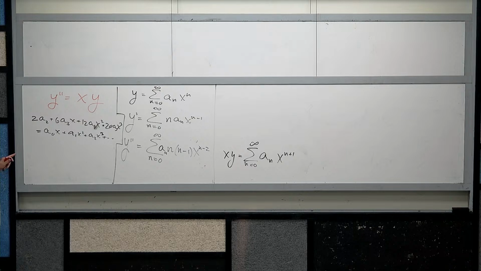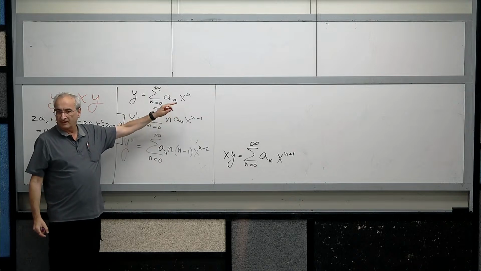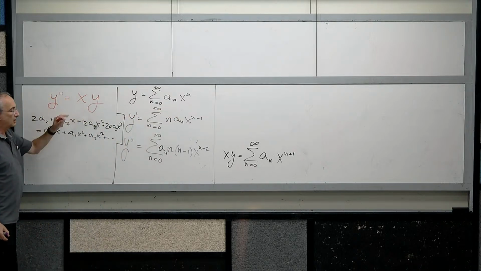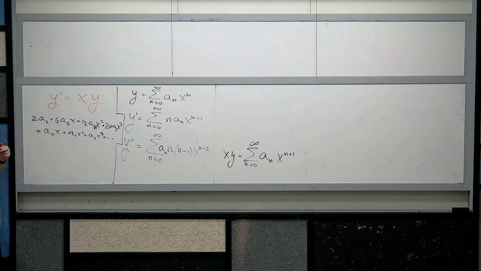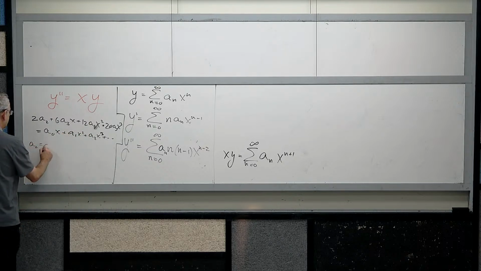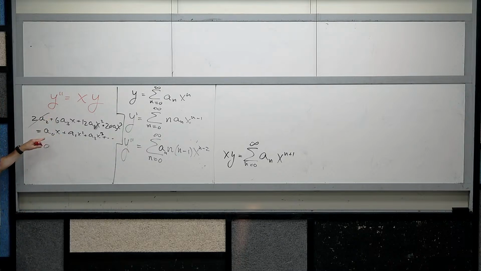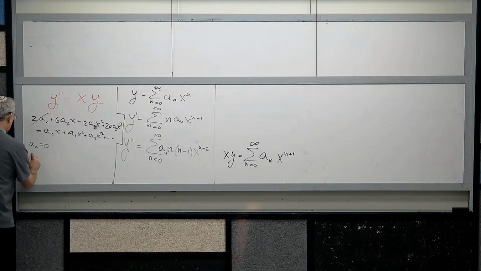And now, because this is a Taylor series, things to the left and to the right of the equation should be equal term by term in powers of x, because Taylor series are unique. So what can I deduce from this? a2 is 0. First of all, a2 must be 0 because there is no other term here to cancel it. What about a3? a3 is a0 over 6.